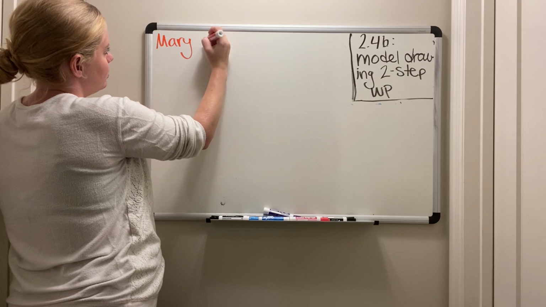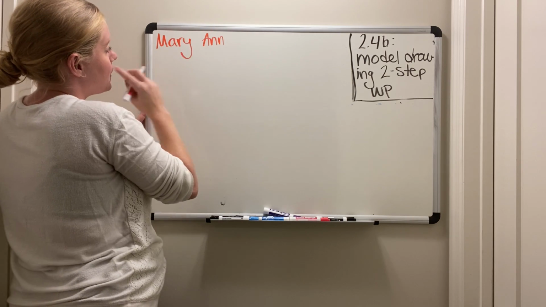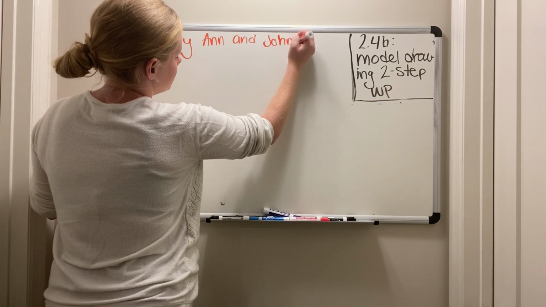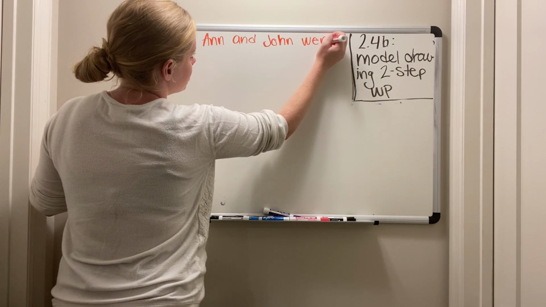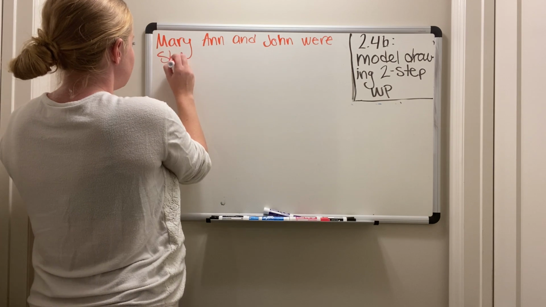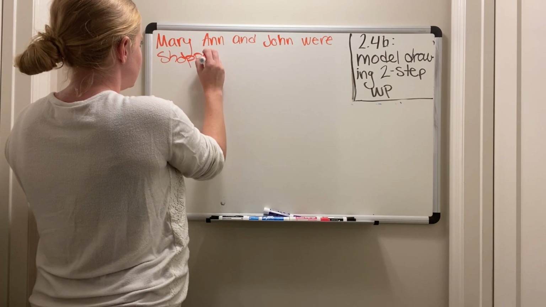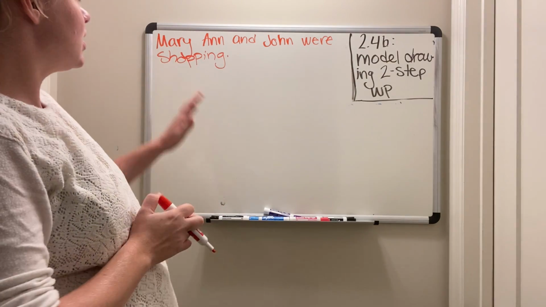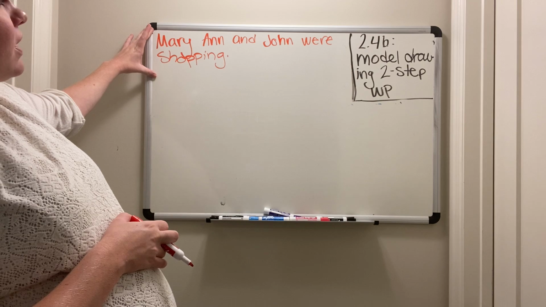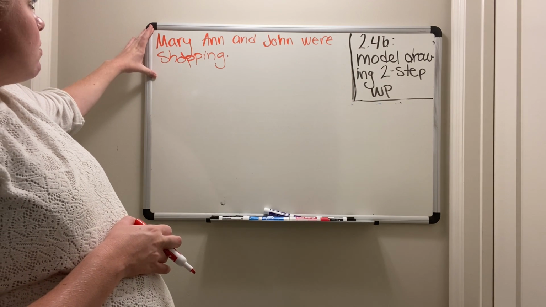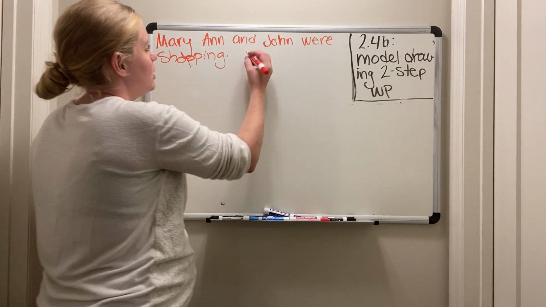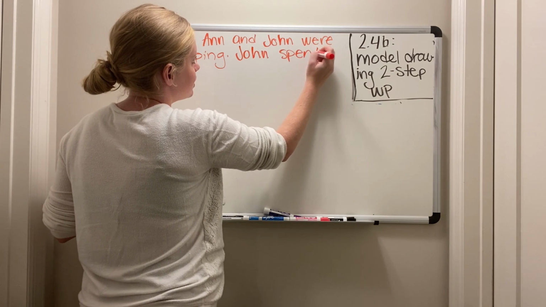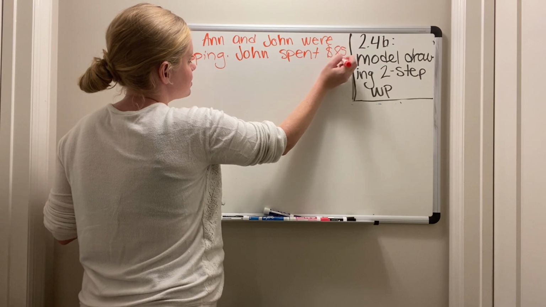Ooh, that's bright. Mary Ann and John were shopping. My favorite math unit. Mary Ann and John were shopping. It's not really a unit, but we'll pretend. Mary Ann and John were shopping. John spent $85.